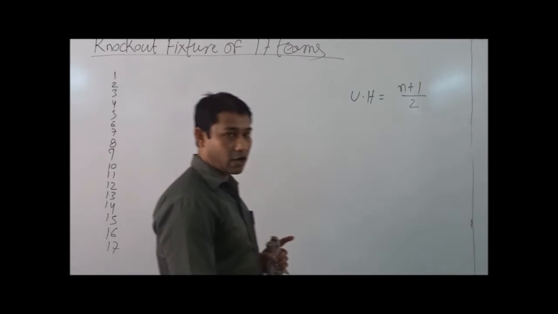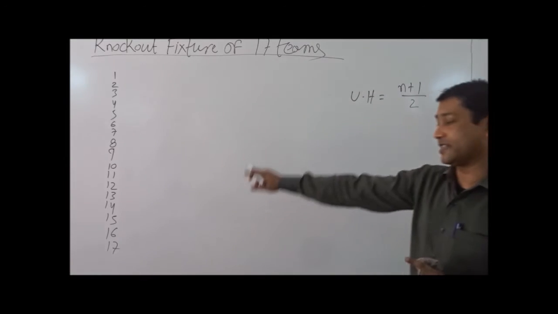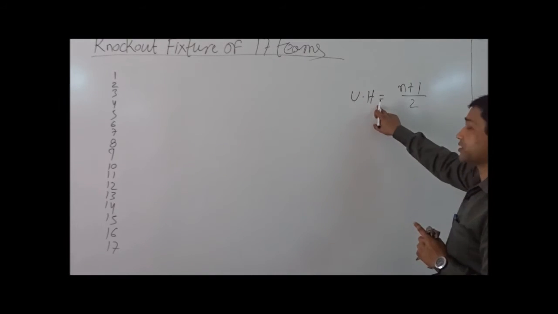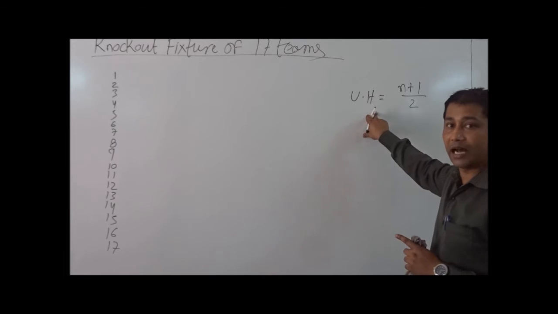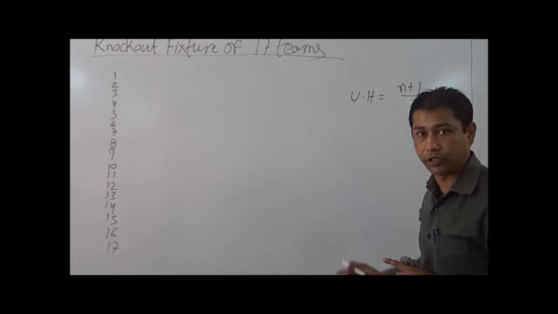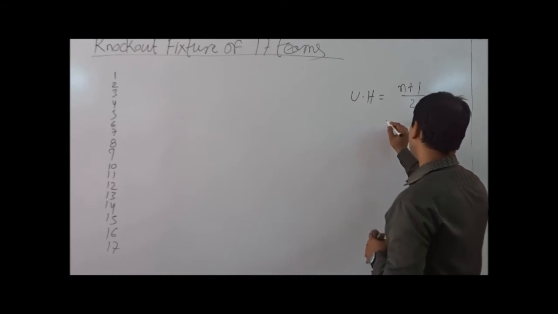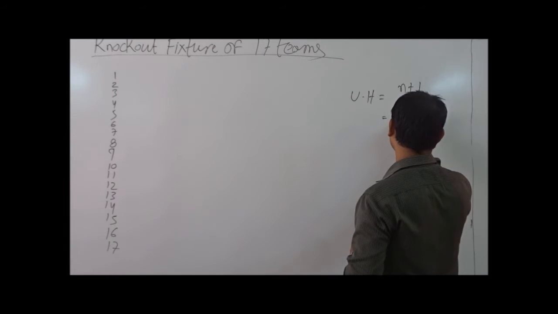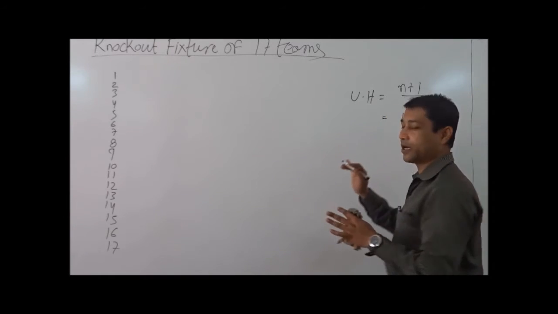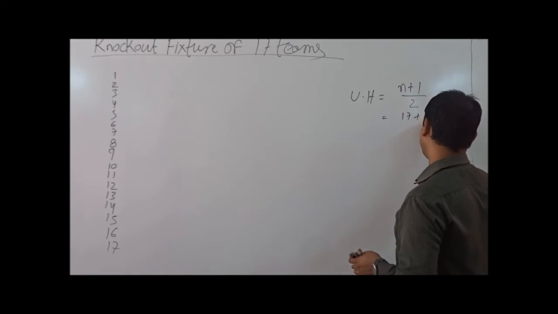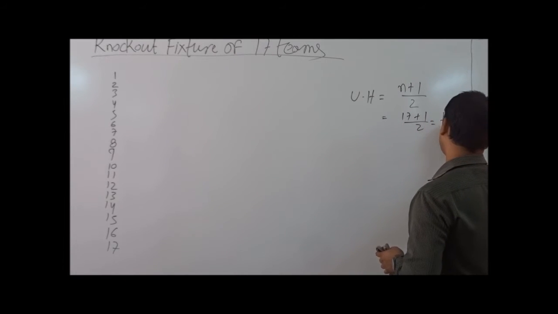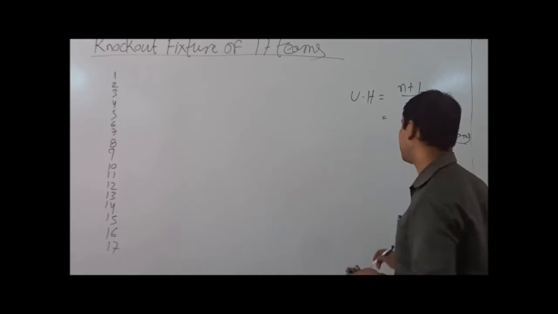Next, according to the formula, 17 is an odd number. So for odd number, for upper half, n plus 1 upon 2 is the formula. So putting up, where n means number of teams participating, 17 plus 1 upon 2, that stands 18 upon 2, means 9 teams will be in upper half.